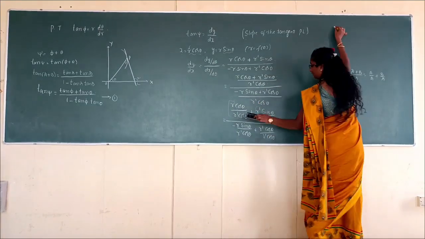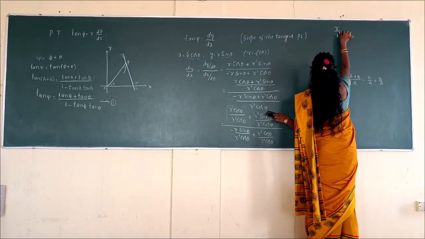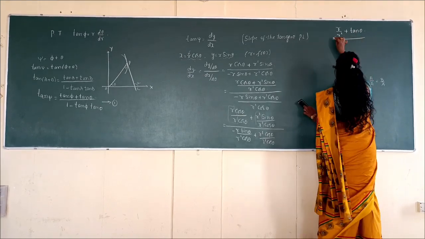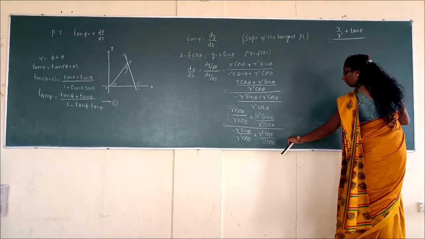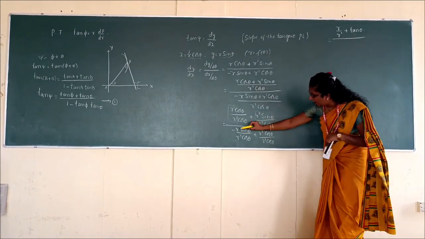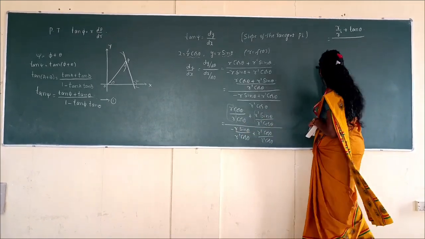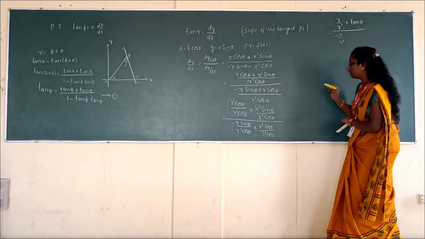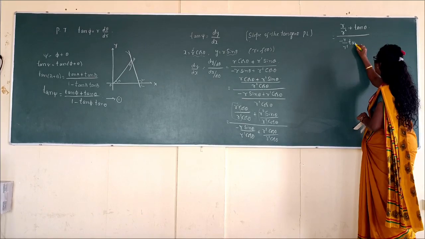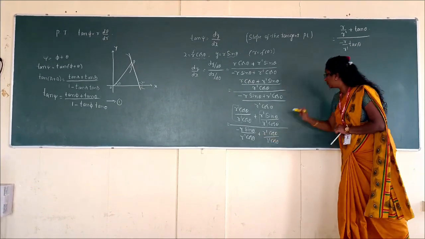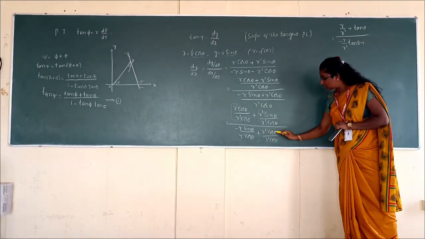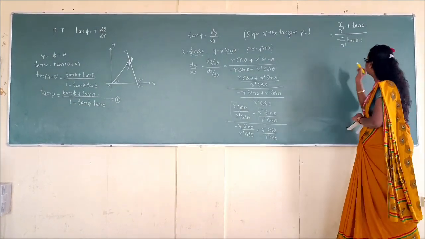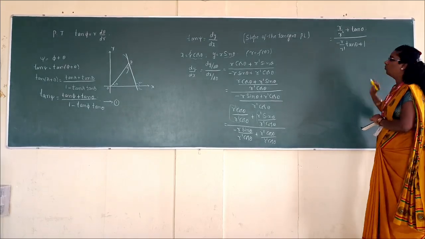So we write it as r by r dash plus tan theta, divided by, here we have minus r by r dash, sin theta by cos theta is tan theta, plus, r dash cos theta in the numerator and denominator gets cancelled and we have plus 1.